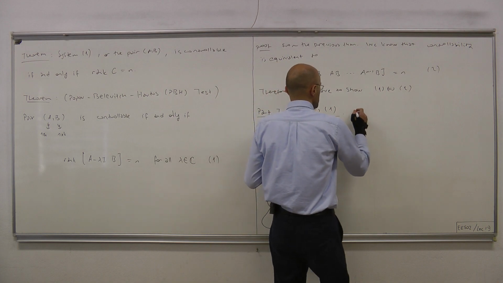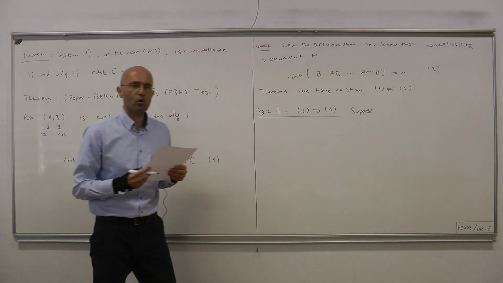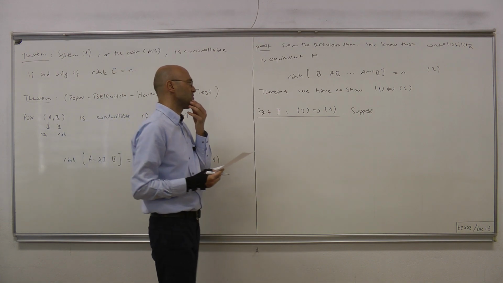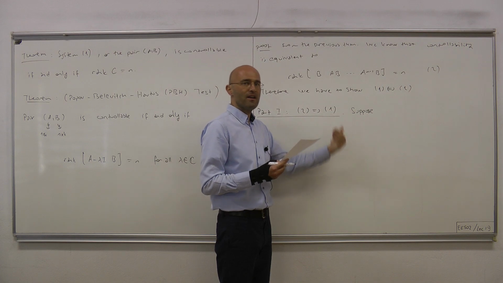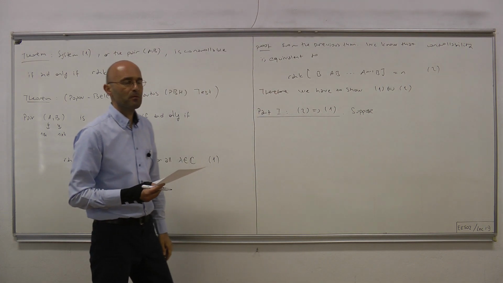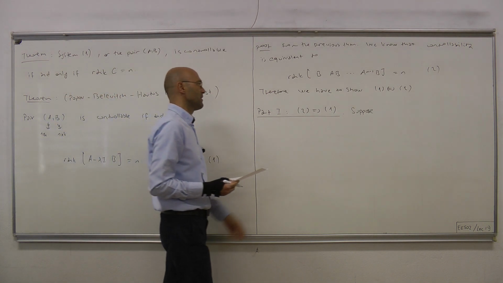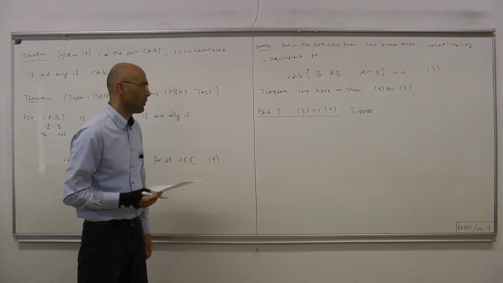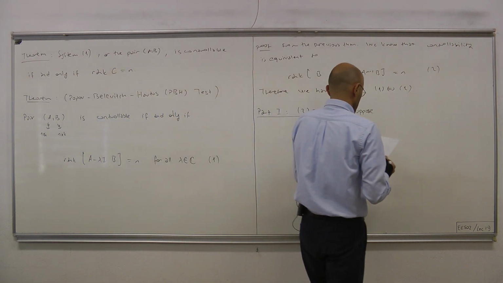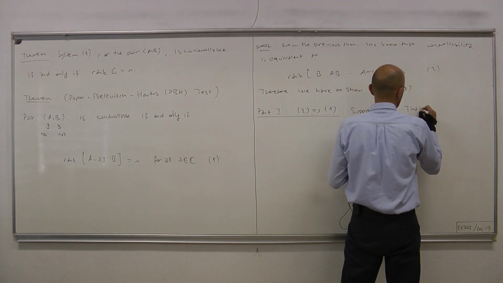We're going to try to show this by contradiction. Namely, we will assume that 2 holds but 1 doesn't, and proceed from that premise to reach a contradiction, which will tell us that whenever 2 holds, 1 must also hold.